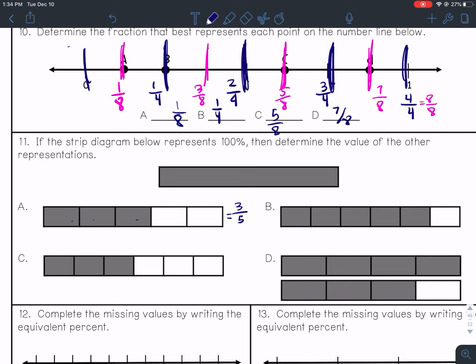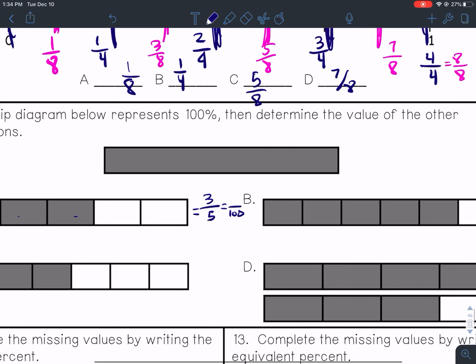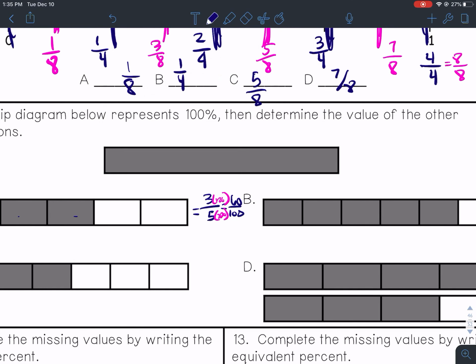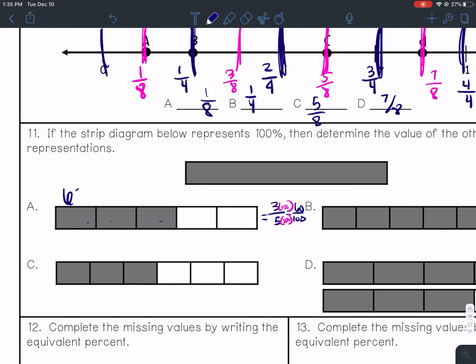I want it as a percent, so I need it over 100. Okay, 5 times what gives me 100? Times 20. So 3 times 20 is 60. So this one right here is 60%.